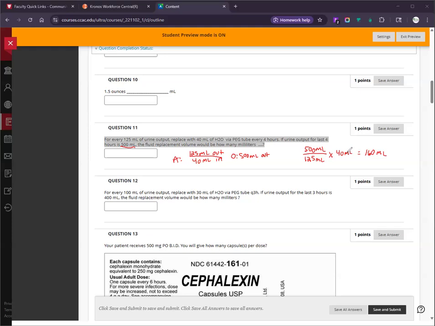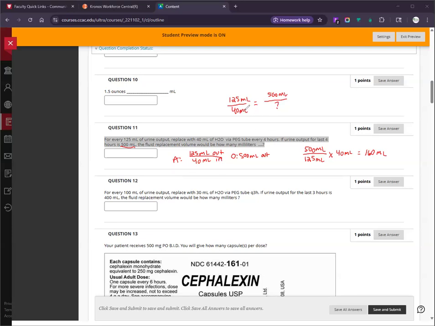The other way you could do this, for those of you a little more savvy with math, is a ratio. If I start off with the output and then the replacement volume, and set that equal to the actual output over what we're looking for, you can figure that out.